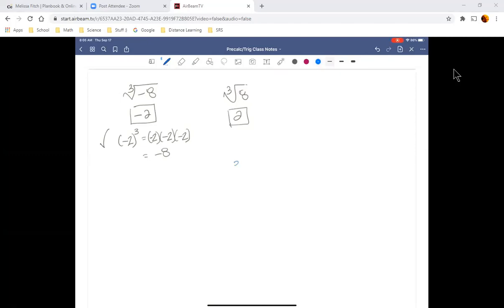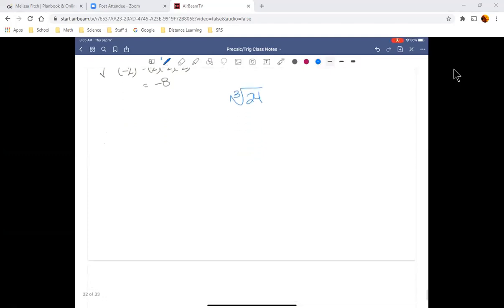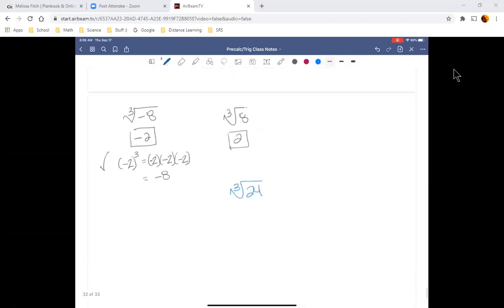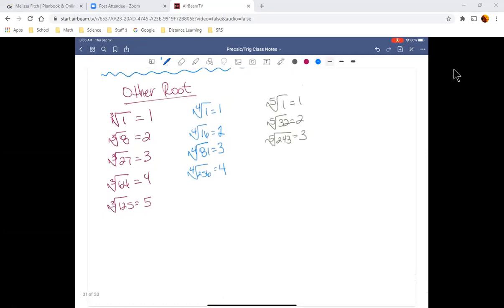What if we had the third root of 24? If we go back to our third roots, do we have any perfect 24s under there? No. But do any of these divide evenly into 24?